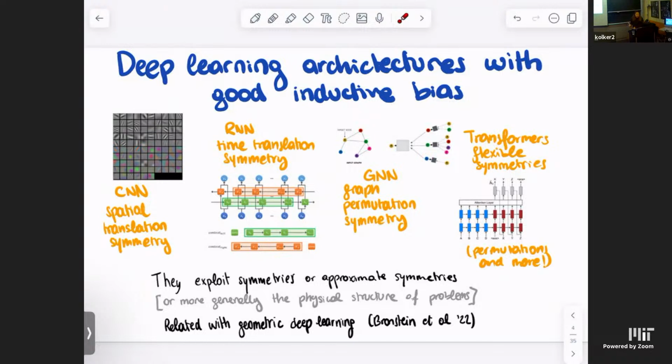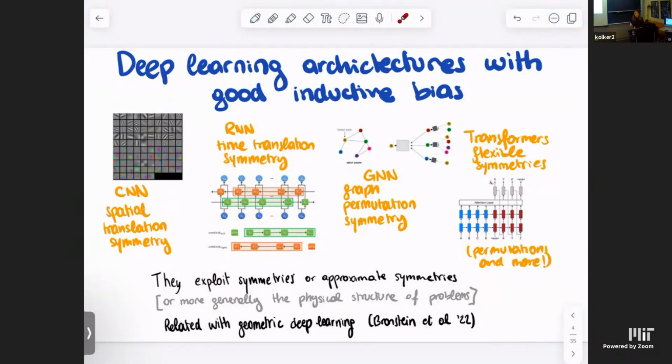Many of these successful deep learning architectures exploit symmetries in one way or another. For instance, convolutional neural networks, which made the breakthrough of deep learning in image classification 15 years ago, are equivariant with respect to translations.